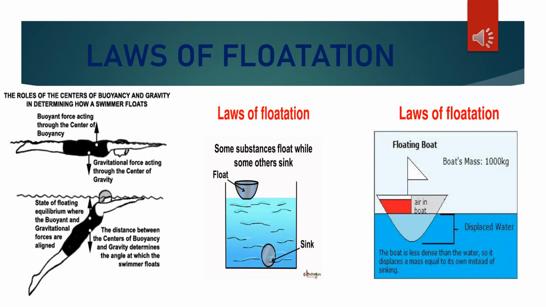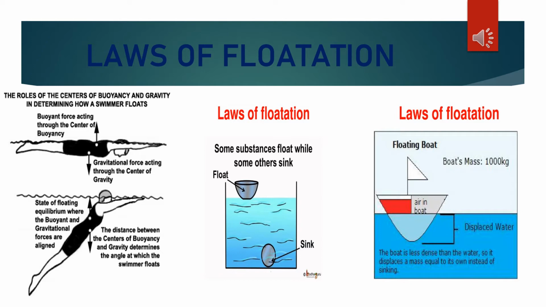Now number B. If W is equal to W dash, that is, when the weight of the body is equal to the weight of the liquid displaced, then the body floats completely immersed anywhere within the liquid. You can say, in the third diagram, the roles of the centers of buoyancy and gravity in determining how a swimmer floats.